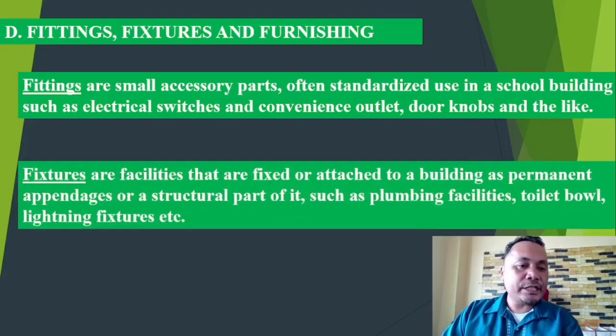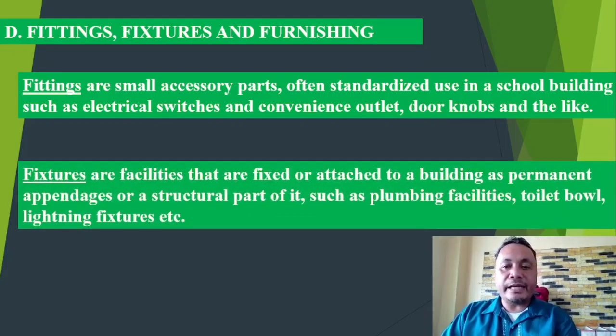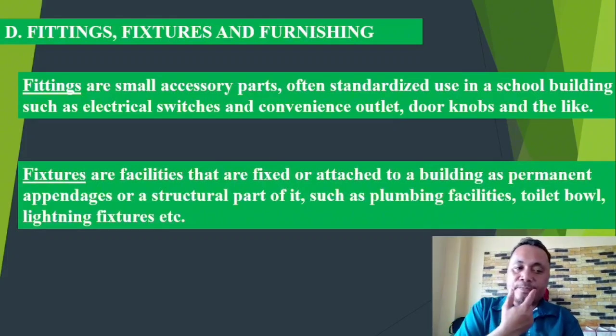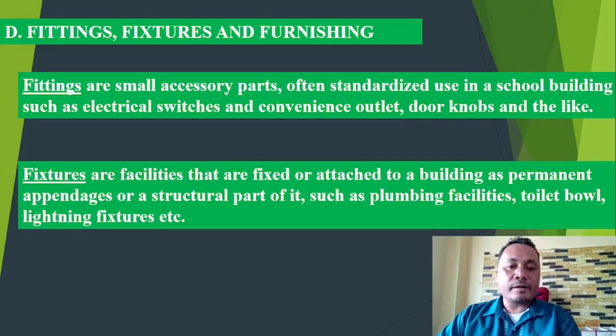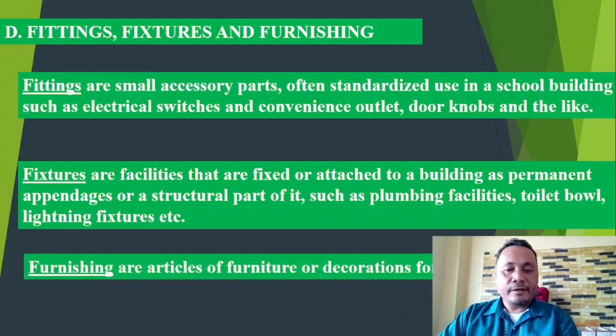And then fixtures are facilities that are fixed or attached to the building as permanent appendage or a structural part of it, such as plumbing facilities, toilet bowl, lighting fixtures, o uban pa. And then, furnishing are articles of furniture or decorations for interior building.